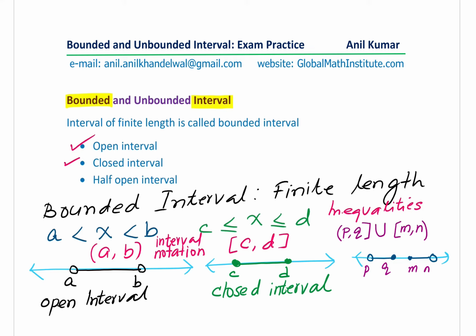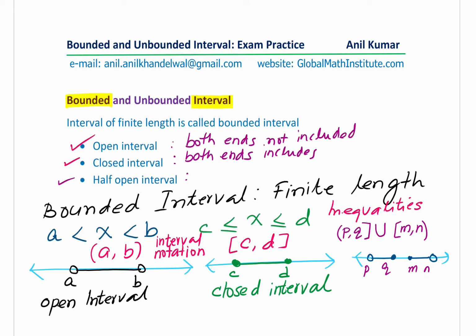Now here, what we have used is half interval. So in half interval, one side is included, right? So both sides, both ends not included. In this case, both ends included.